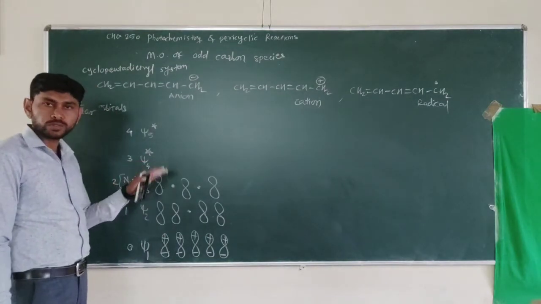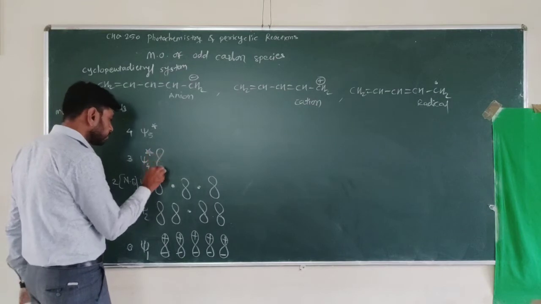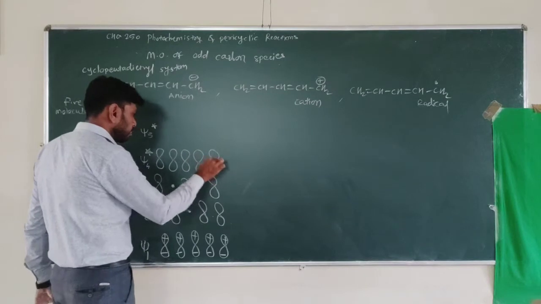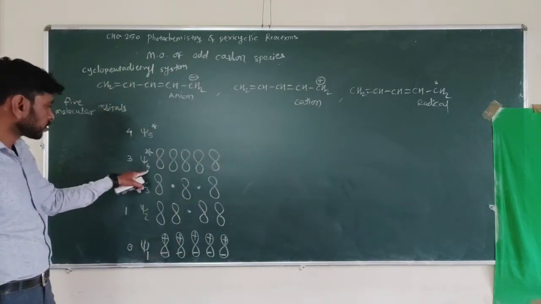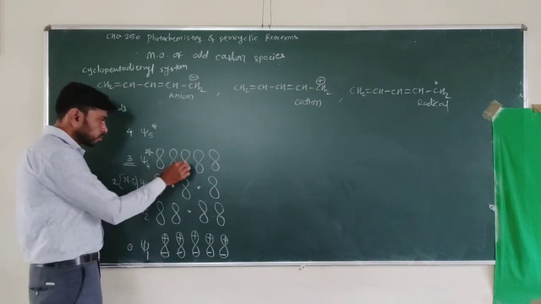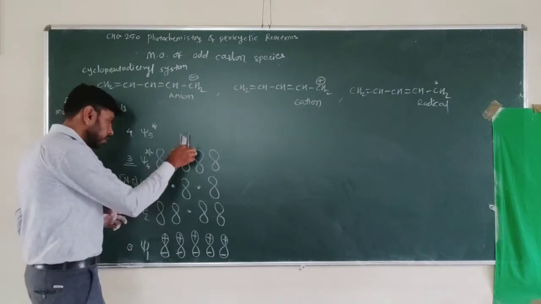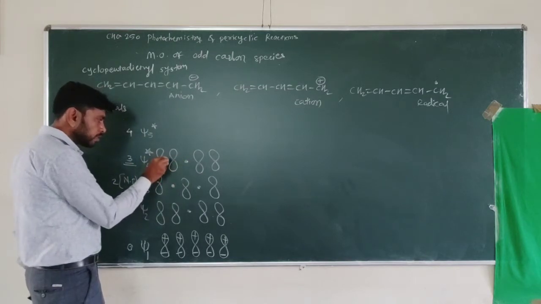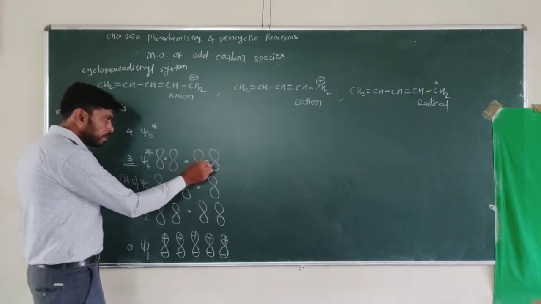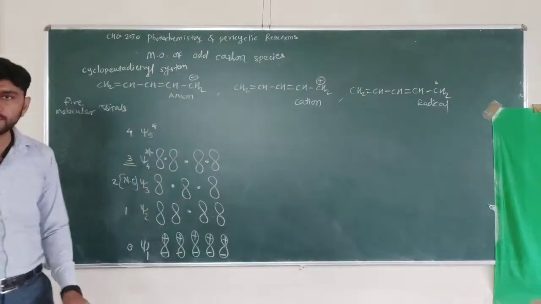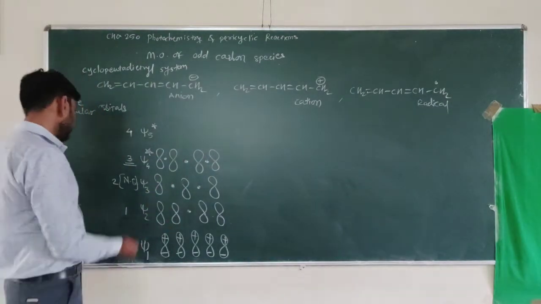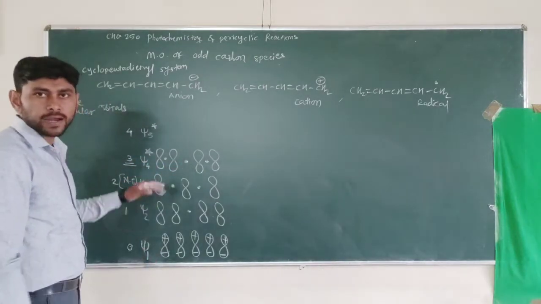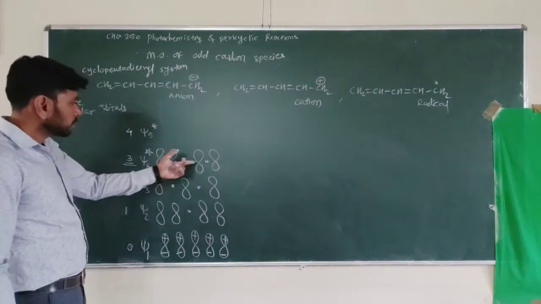The first node passes through the nucleus and the remaining are in between. Where do we put the first node centrally? There are 3 nodes. So the first node is here through this nucleus, and the remaining are in between the 2 orbitals. So the 3 nodes are adjusted in this way. So for Psi4, being even, the first node passes through the nucleus and the remaining are in between.